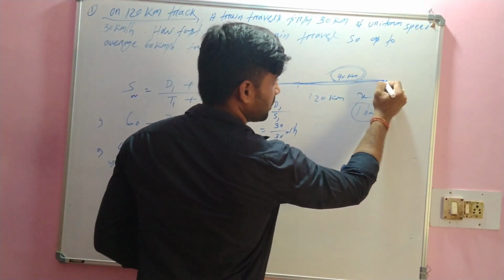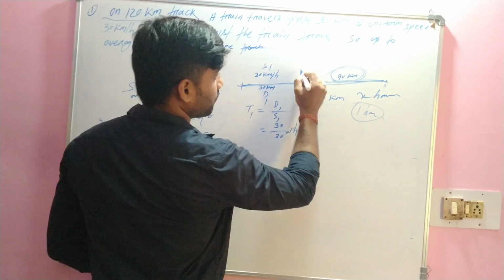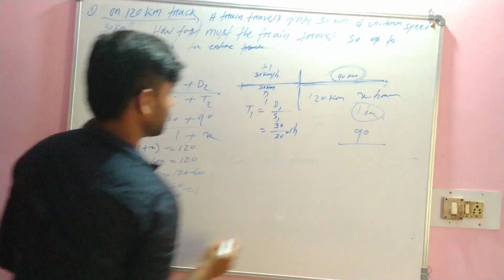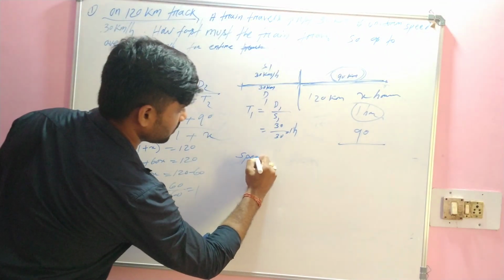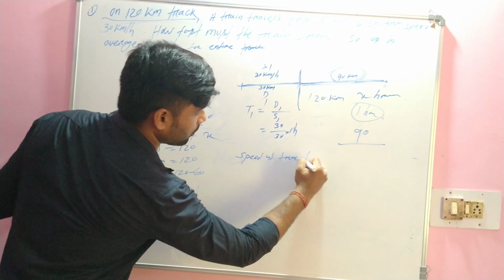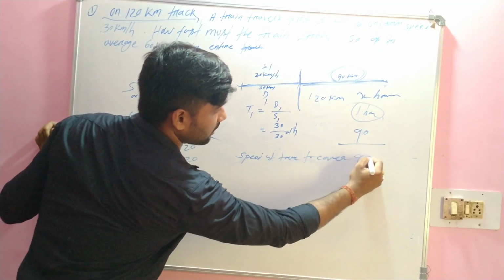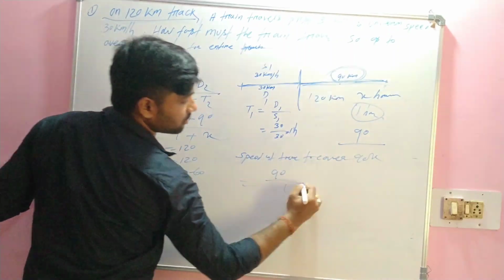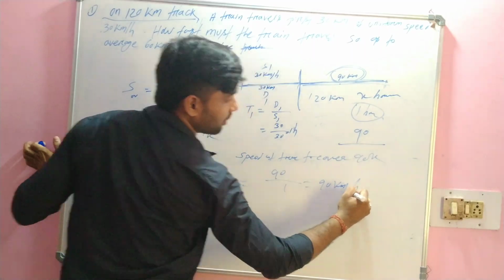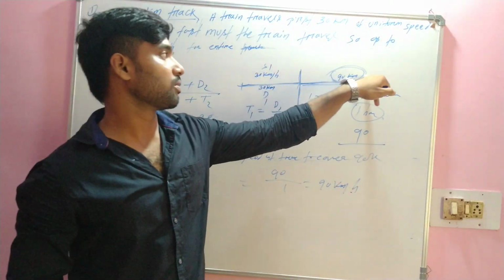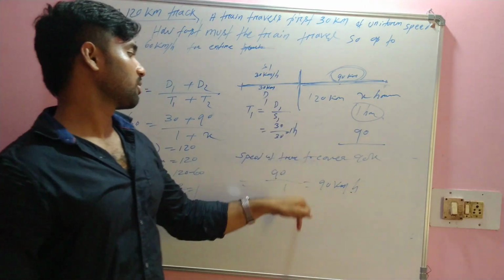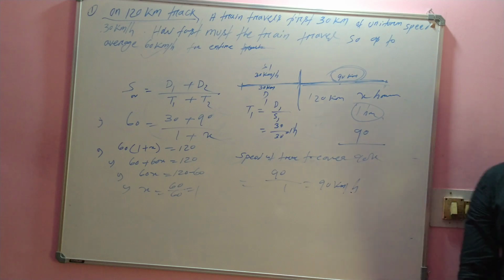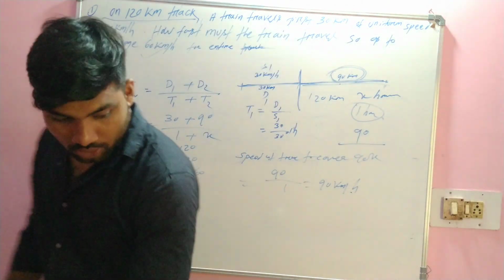So what is the speed of the train to cover 90 kilometers? Distance by time, 90 by 1 hour, so 90 kilometers per hour. Now 30 plus 90 by 2, that is 120 by 2. You got 60 kilometers per hour as the average speed. Okay. But another question.